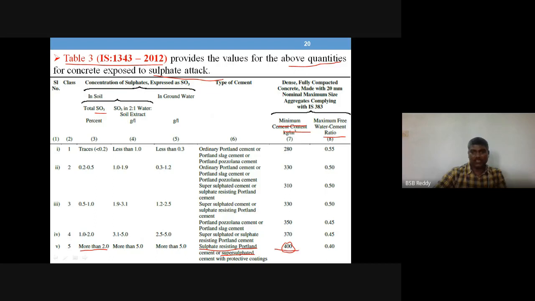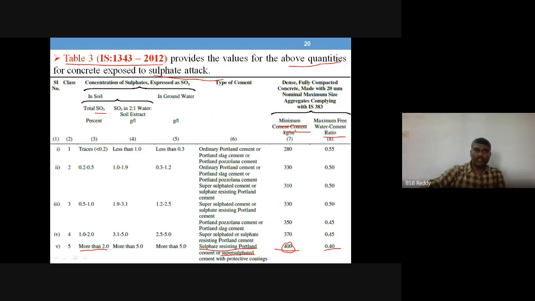The minimum cement content is 400 kg per cubic meter, for the type of exposures that we studied in the last table, and the water cement ratio is 0.4. So to assure the durability of the concrete when you have sulfate attack, this table must be referred to.